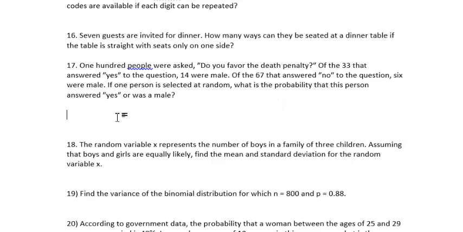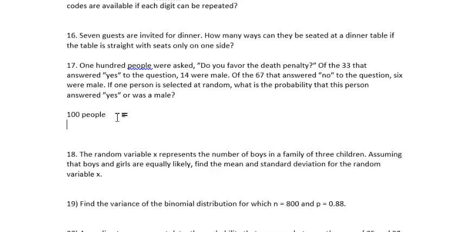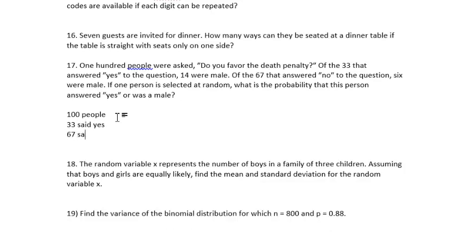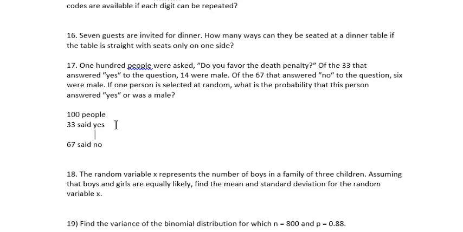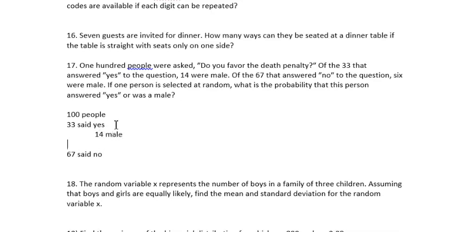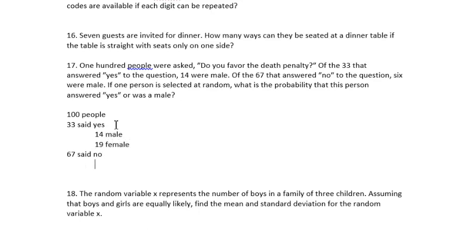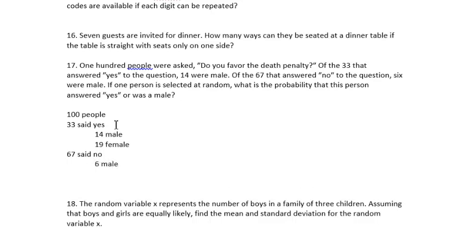Let's just put the numbers over here. 33 said yes, 67 said no. Of the 33 that said yes, 14 were male, which obviously means 33 minus 14, which is 19 people, were female. Of the 67 that said no, 6 were male. And how many were female? So I guess there must have been 61 that were female.